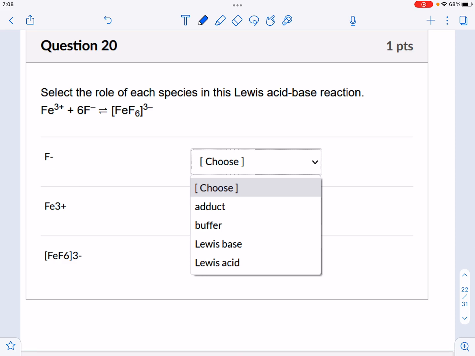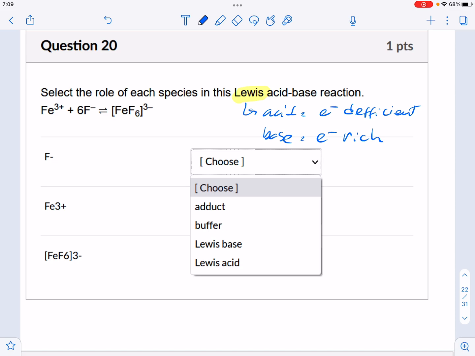Select the role of each species in this Lewis acid-base reaction. All right, so remember we are working with the Lewis acid-base theory. An acid is electron deficient. A base is electron rich.